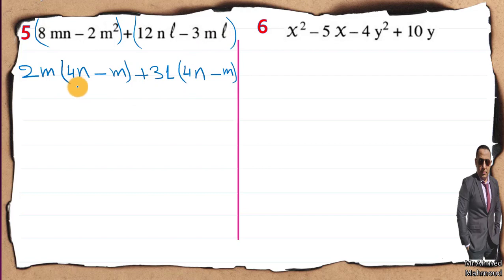By looking at the two brackets, mn minus 4, mn minus 4, so I'm going to take mn minus 4 as a common bracket. 4n minus m, and here I have 2m from here, and from here plus 3l.